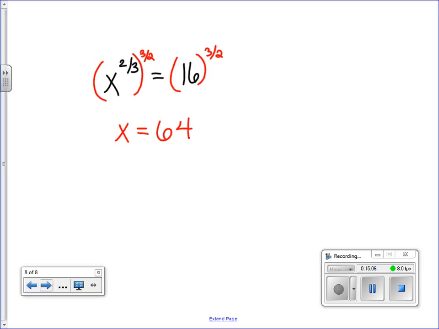So if it was 4, my answer is 64. But what if it had been -4? It would be -64. So if there's a possibility that it could have been a positive or a negative, you need to have a plus or a minus on your answer. I'm going to let you write that down, and we're going to talk about it again for just a minute.